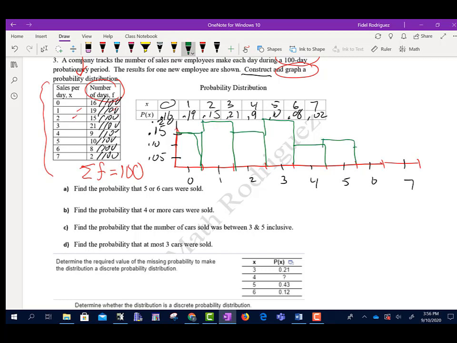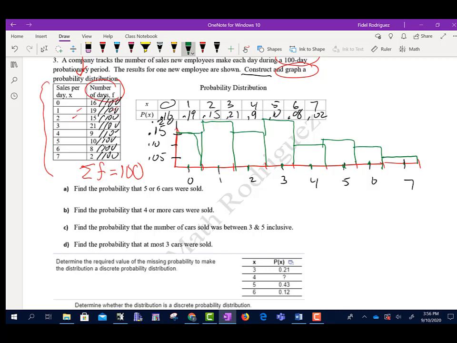At 6, it's slightly lower at 0.08. And at 7, ooh, it's barely at 0.02. So we have kind of like a histogram. What we have here in the middle, guys, these are kind of like my midpoints, right? Right here.